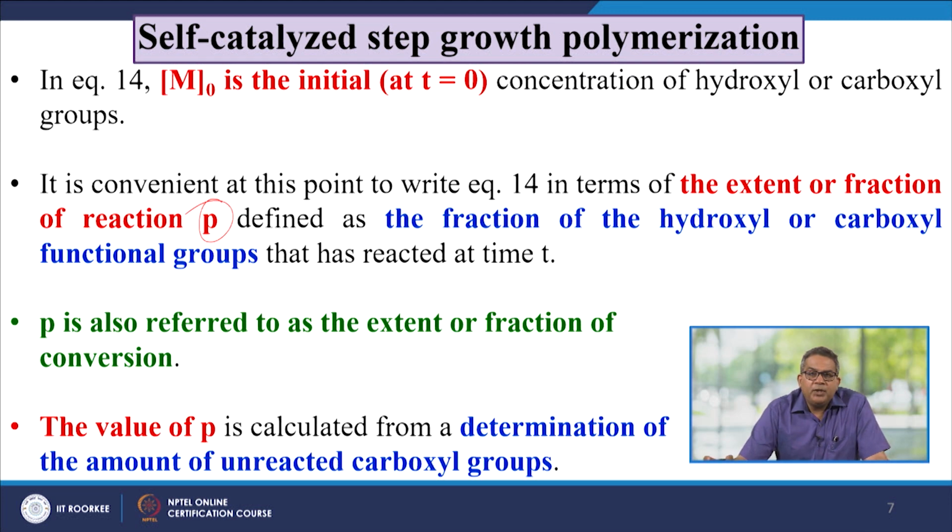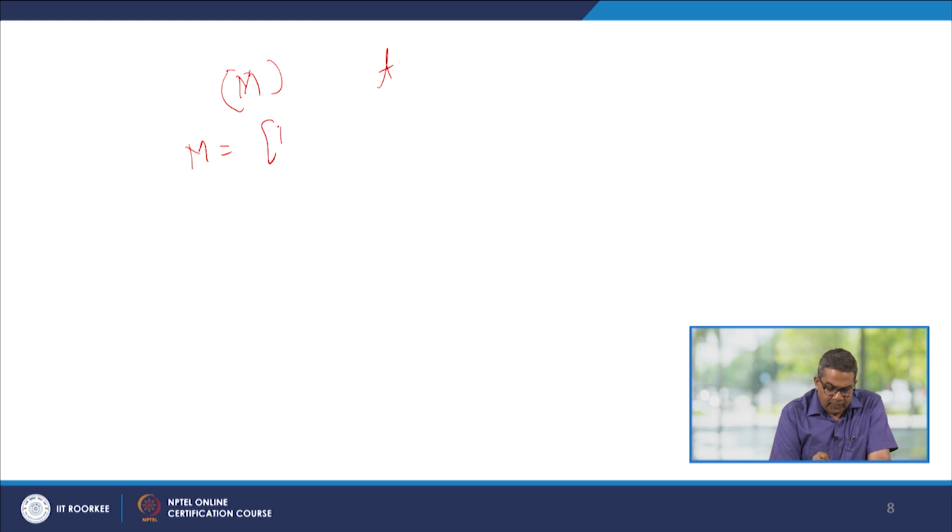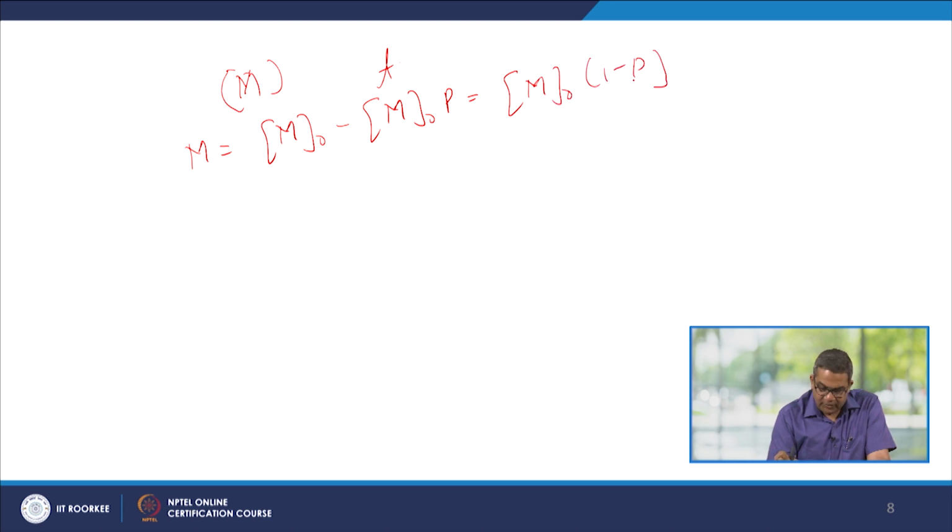The value p is calculated from the determination of the amount of unreacted carboxyl group. The concentration M at time t, of either hydroxyl or carboxyl group, is given by M equals M0 minus M0 p, that is M0(1 minus p), equation 15.